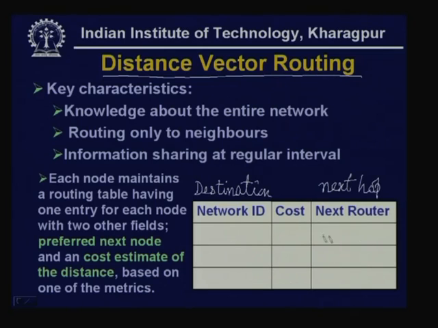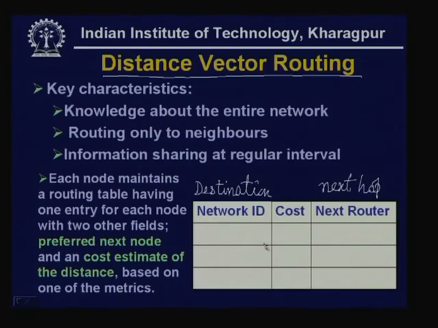So, from this table, each node gets the information about the cost and also the next hop node, and based on this cost information, the routing can be performed. The routing can be done using the Bellman-Ford algorithm or some other least cost path algorithm. So, in this way, the node maintains a routing table, and the minimum cost route is used for routing purposes. This is distance vector routing.